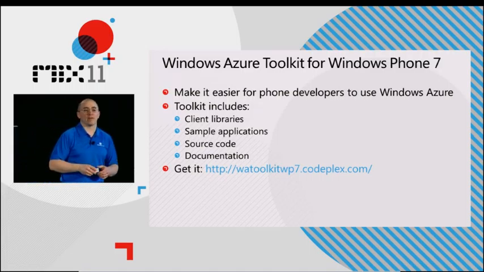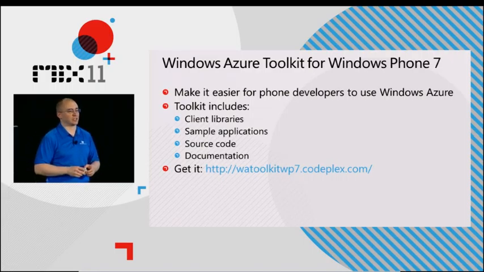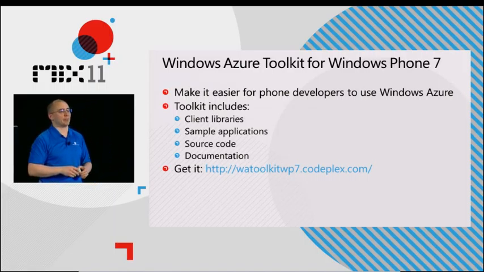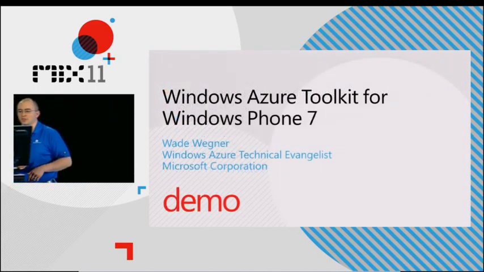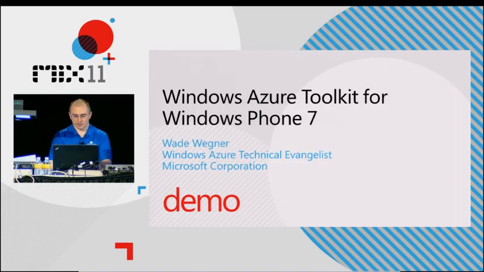We do this by providing a set of client libraries. We provide a client library for Windows Phone 7 for Windows Azure storage. We have a number of sample applications that are part of the toolkit. We have source code, documentation, and we also have project templates that make it pretty easy. What I wanted to do now is demonstrate exactly how to leverage this toolkit.